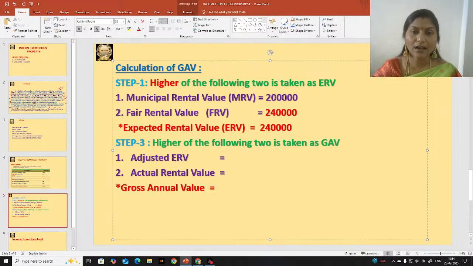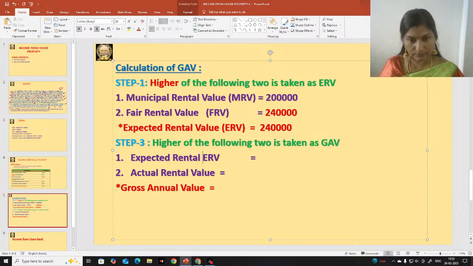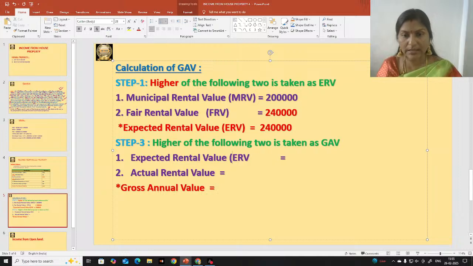So we will take expected rental value here in place of adjusted ERV, because standard rental value is not given. Expected rental value short form is ERV, already calculated in the previous step. That is 2,40,000.